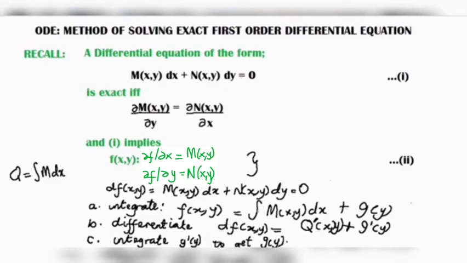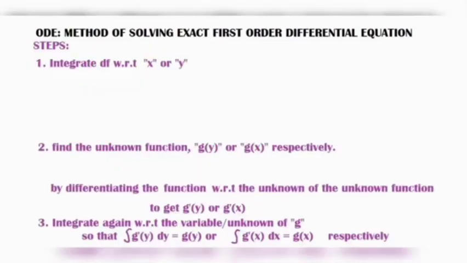So I'm going to now give you the process explicitly. Follow me as we go. Method of solving an exact differential equation. Steps written out clearly. I have that my f of x,y is equal to the integral of M of x,y dx plus g of y.